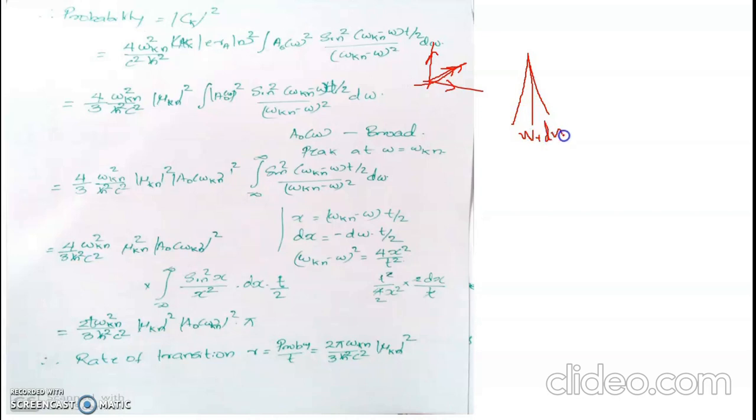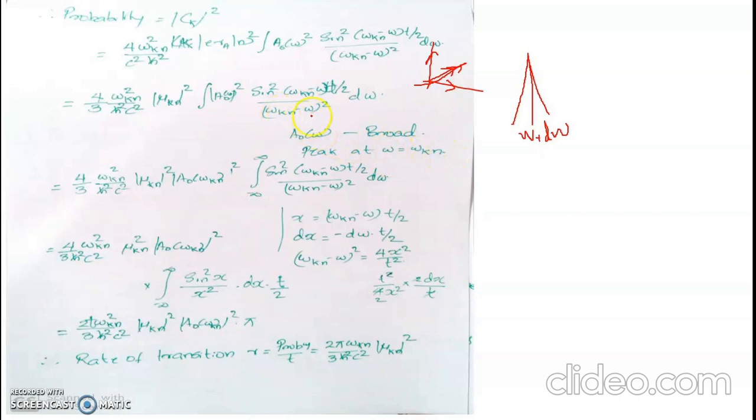It is in that manner we have already considered a practical case of electromagnetic radiation. It will not always be monochromatic. Even if you are taking it as monochromatic, it will have a minute infinitesimal spread over a frequency range, and this parameter will be peaking around omega equal to omega kn.